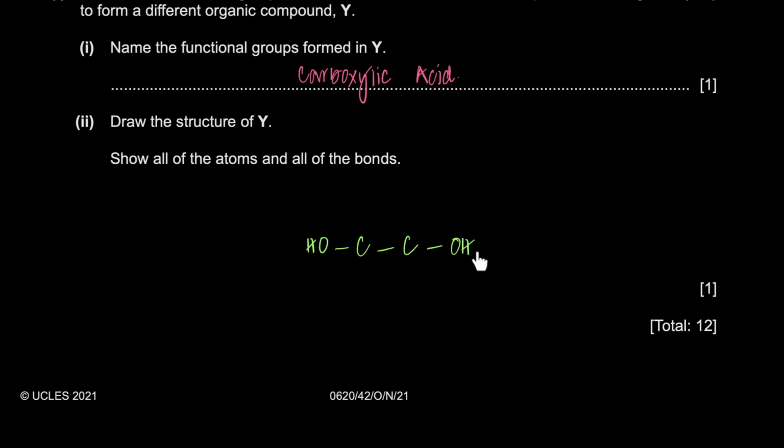If you have an OH, that'll turn into an acid function group. So over here, I'll have to add these new things like that. And if I look closely, I don't think I can put any more hydrogens in there. So I'm left with no hydrogens. Ethane 1,2-diol will turn into ethane 1,2-dioic acid. And this is it. Pretty cool.